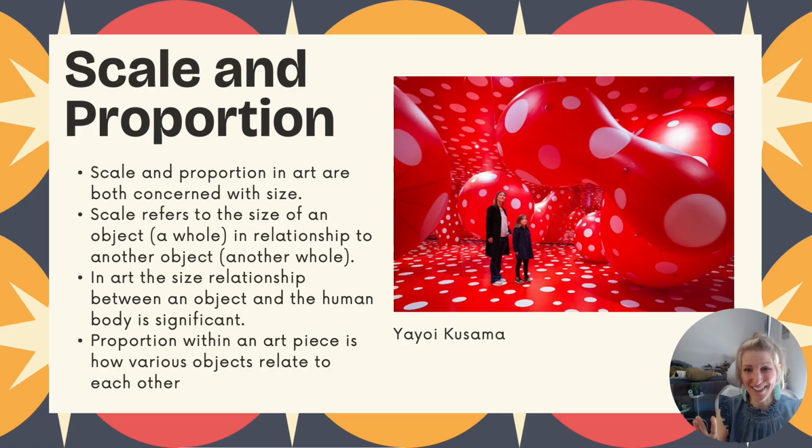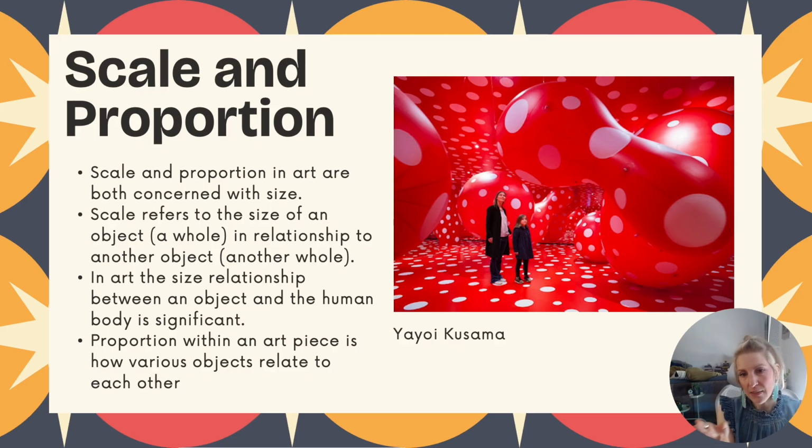Scale and proportion in art are both concerned with size. Scale refers to the size of an object, the whole, in relationship to another object, another whole. In art, the size relationship between an object and the human body is significant. Proportion within an art piece is how various objects relate to each other.